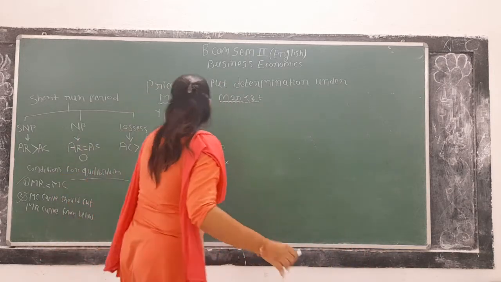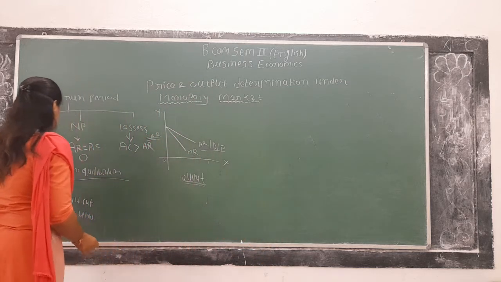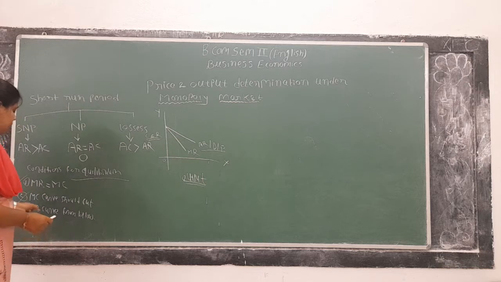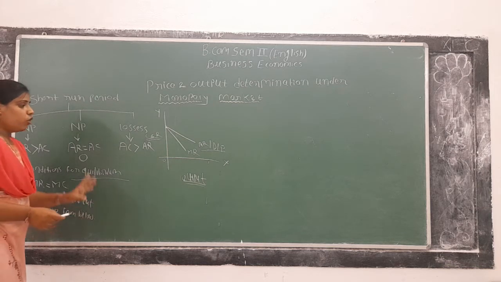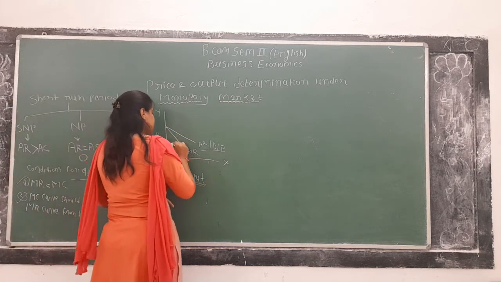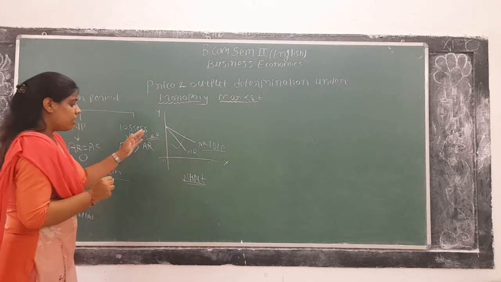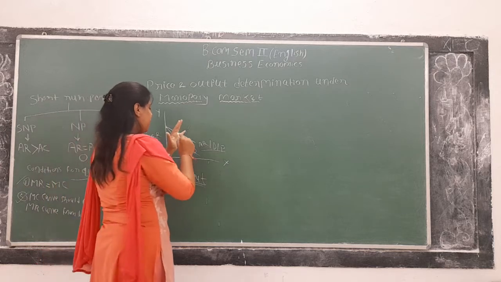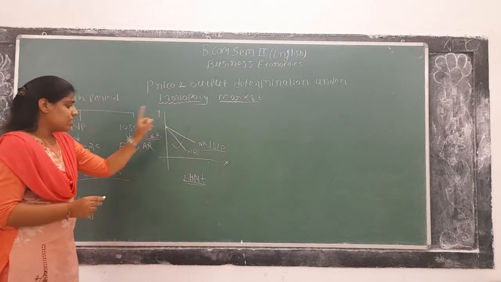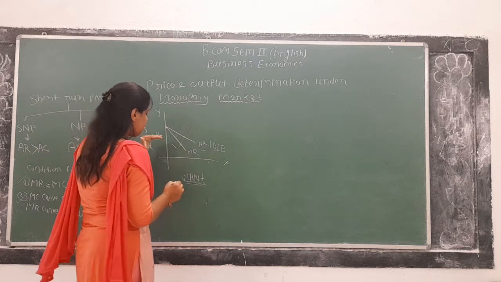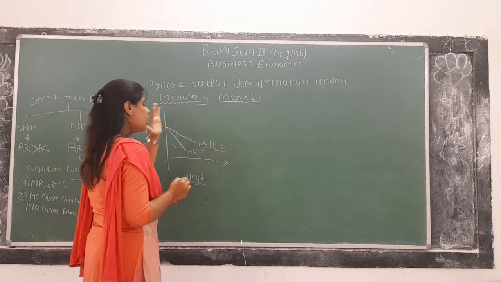Now what we have to determine is the equilibrium condition. Here it is said that the MC curve should cut the MR curve from below. This is the MR curve and this is the MC curve. The MC curve has a shape like a U curve. It goes upward; earlier marginal cost is declining, then it goes up.